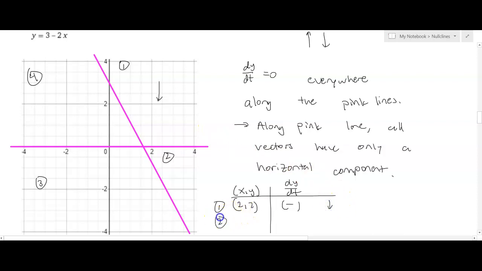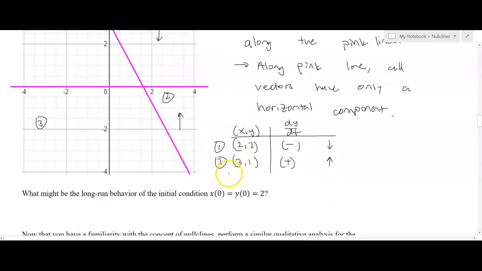Now, in region 2, if I pick something like (3, 1), that looks to be a point in the region, I will get a positive value. I'll let you verify that, which means all the vectors in region 2 will be upward facing. And I'll do the same thing for region 3. In region 3, I could pick, let's say, (-1, -1). And I will get a negative value.